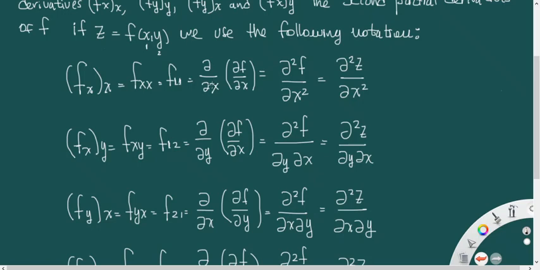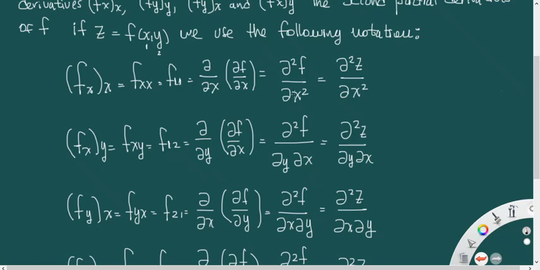In some other textbooks, you will find this type of expression, del squared f, which is the second partial derivative of the function, and in the lower part, del x squared. That means it's 2 times with respect to x. So it's the second partial derivative of the function with respect to x and with respect to x.